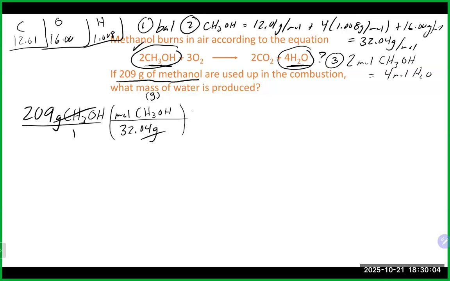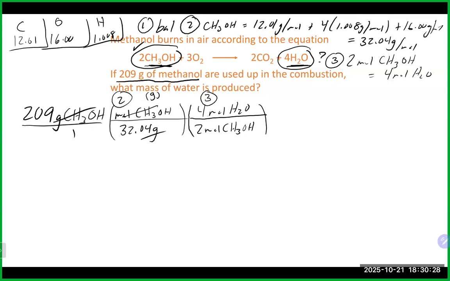So here, just doing it all in one calculation, we are going to go opposites. So moles of methanol are on top, so we do need to put the moles of methanol on the bottom so that they cancel, and the moles of water up on top. So this again is step number 2. This would be step number 3, which is the stoichiometry step from the equation.